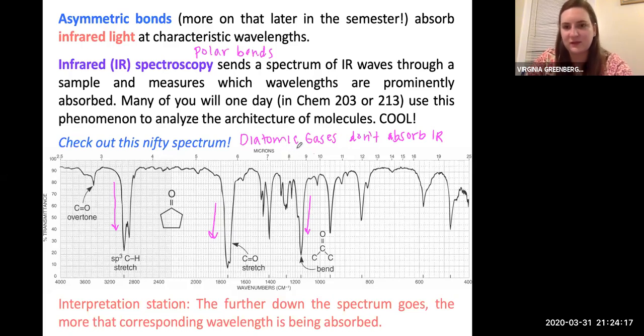There's no kind of asymmetry to them. Okay. So generally we'll say polar bonds contribute to molecules' electronic asymmetry, which is the asymmetry of bonds, which is what infrared then will probe.